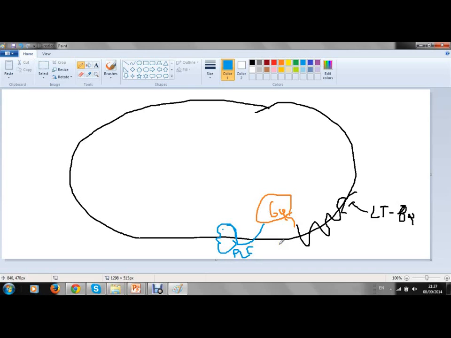Sorry, not phospholipase C2, just phospholipase C. And this enzyme's special function is that it digests a part of the lipid membrane of the neutrophil. Basically, it breaks down the phospholipids of the membrane of the neutrophil.